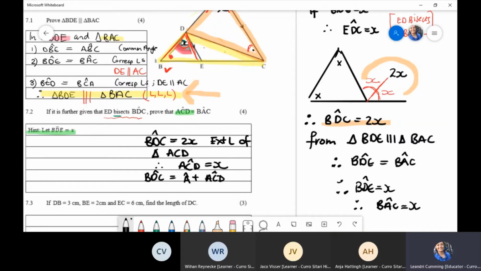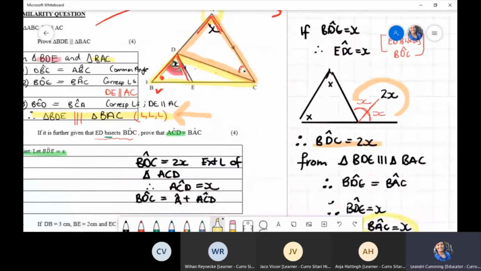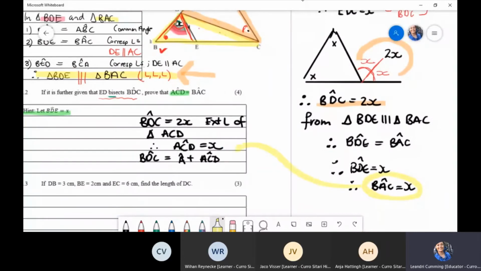But we've already proven that angle A, BAC, is equal to x, because we used the similarity that we've proven. So if this one is 2x, that's from angle BDC, and we substitute x into the measure for angle A, it means that angle ACD should therefore also be x.